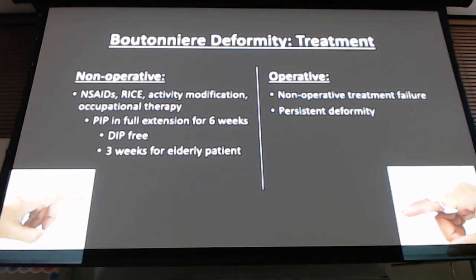Those splints that you see there, the one on the bottom left is a figure 8 splint, and the one on your right is a fancier one. Basically, what that's doing is allowing the PIP to remain in extension, but it's freely moving at the DIP. Good to go?